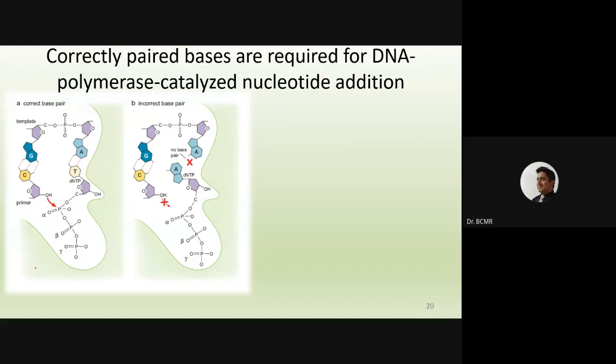In the last class, we discussed how DNA polymerase can distinguish between certain things. Right now we are actually going to discuss the correct base pairing. In the last class we did discuss some of this, but let's get back to it. So if there is a correct base pair as shown in A, and an incorrect base pair as shown in B. Say, for example, on the template there is adenine.